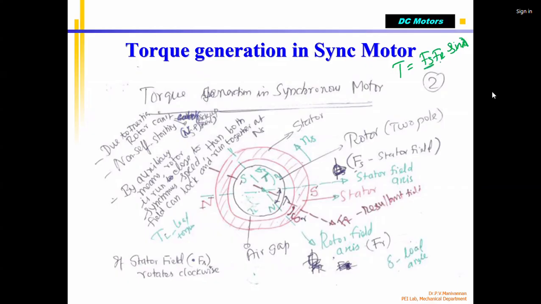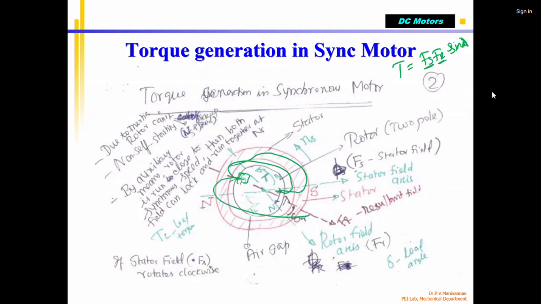So mainly it depends upon the field strength of the stator and the field strength of the rotor; we are talking about magnetic fields. Please note that the magnetic flux created by the rotor will flow like this, inside the core, and come back.